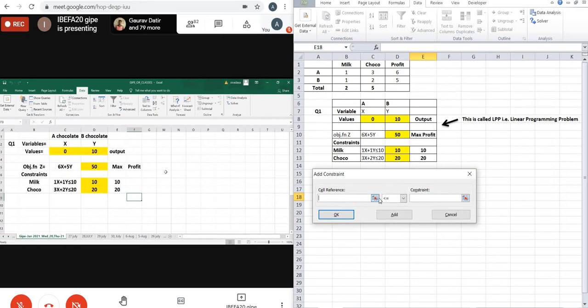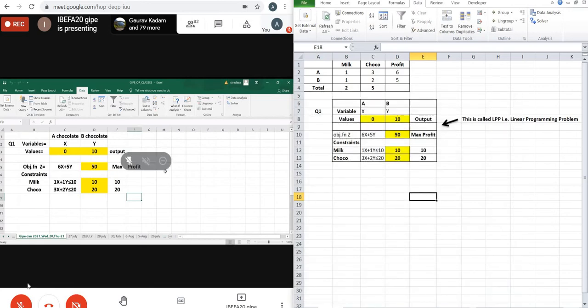Therefore, you can try combinations so that both are produced. Suppose if I give reverse way, 20 units of milk and 10 units of choco, solve it.